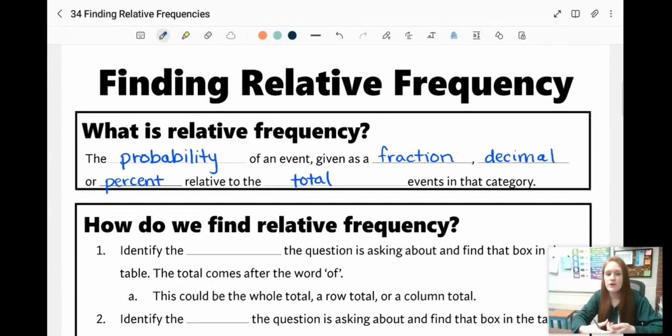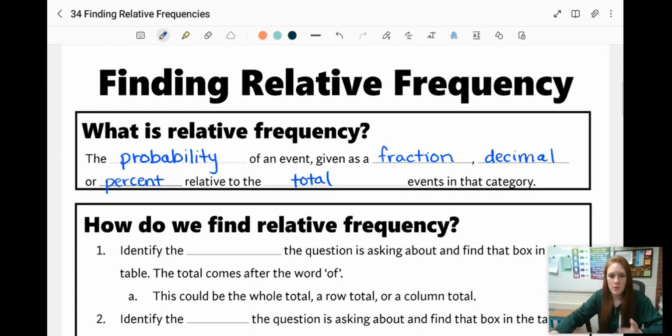Okay, so for example, if in this class I surveyed all of you and I asked you to identify as male or female, and then I asked you how many siblings do you have? Do you have 0 siblings? Do you have 1 to 2? Do you have 3 to 4? And maybe I'm going to ask of the males how many or what percent or what relative frequency had more than 4 siblings.